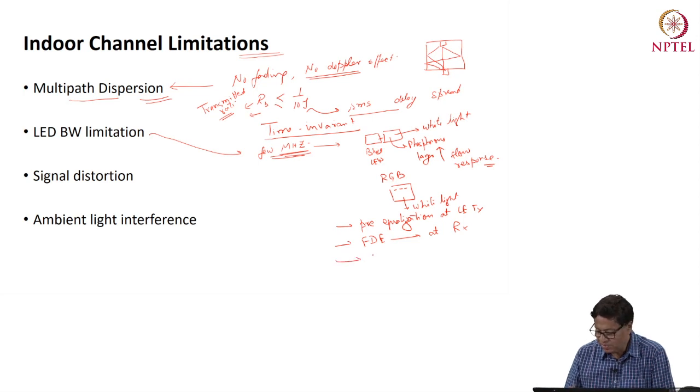One can use the MIMO technique, which we discussed earlier. Or one can use a different type of modulation scheme, for example multi-level modulation schemes, which can increase the data rate. So there are different ways of increasing the response of the LED, which standalone has a limited frequency response.